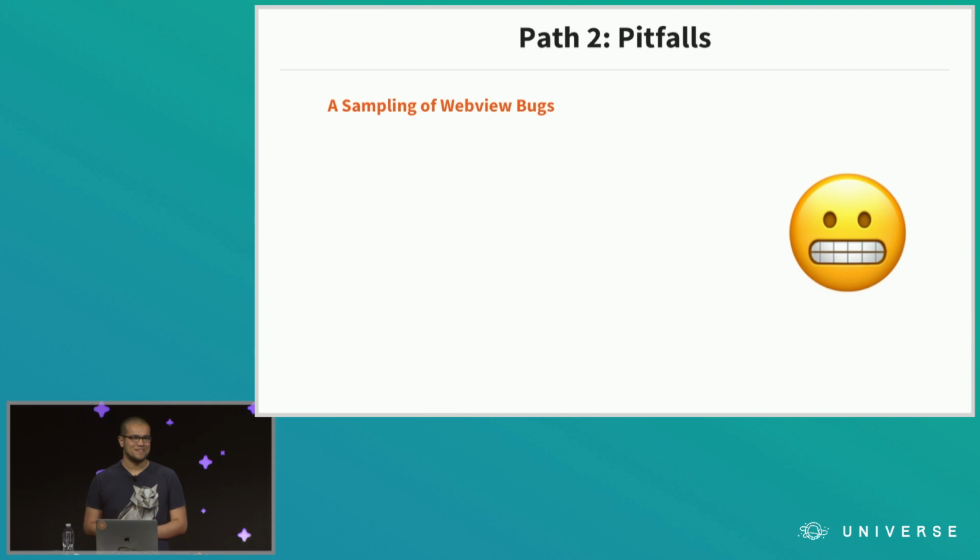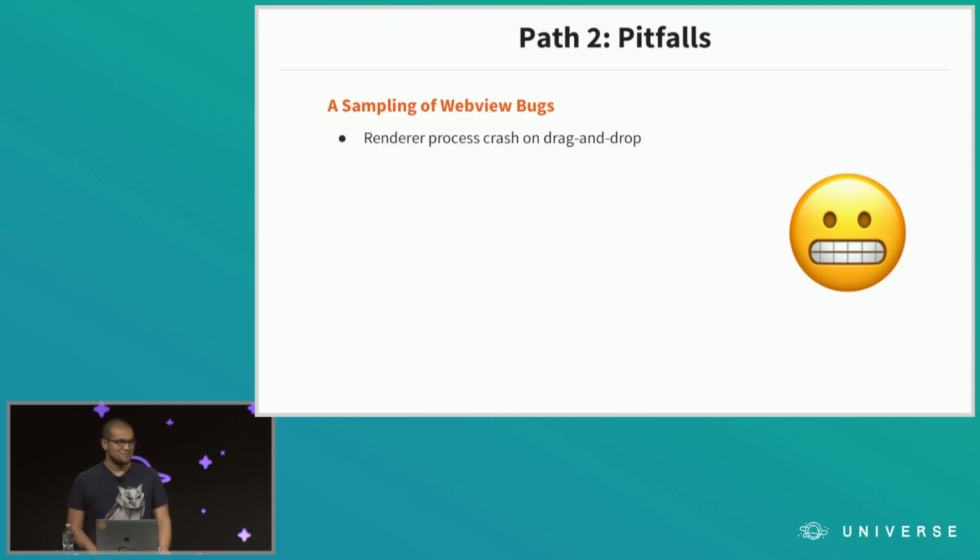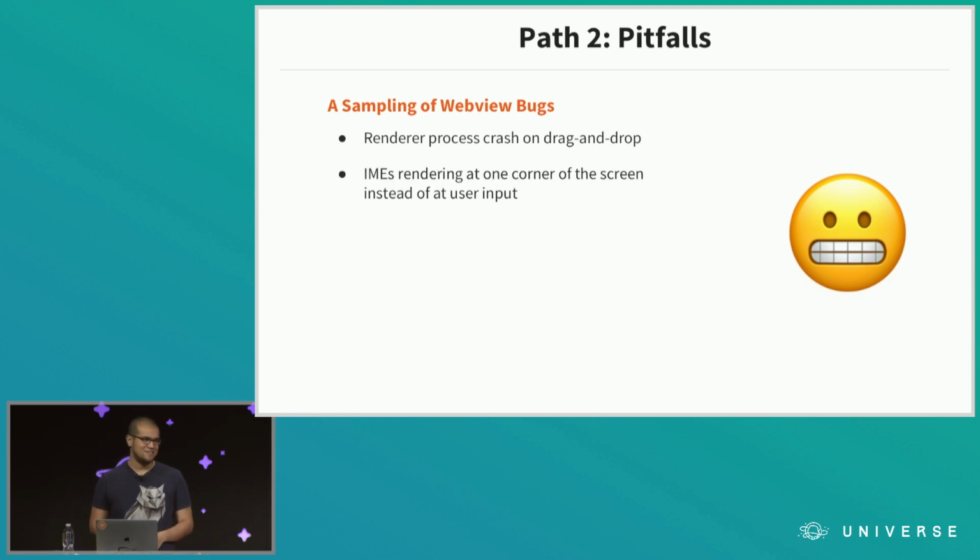Here's a little sampling of some WebView bugs you might run into. The render process could crash when you drag and drop something in there. Input method editors, or IMEs, what users might use to enter Korean, Japanese, or Chinese characters, might render at one corner of the screen instead of where the user is inputting their message.